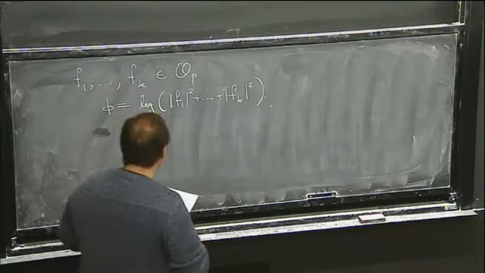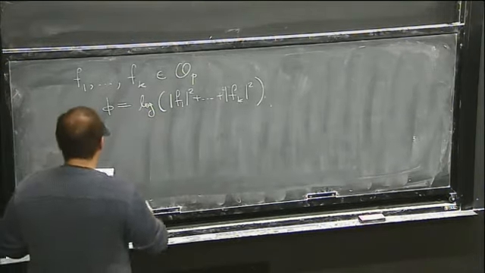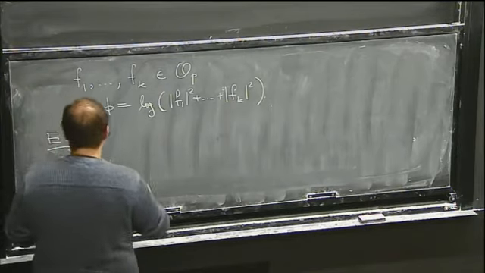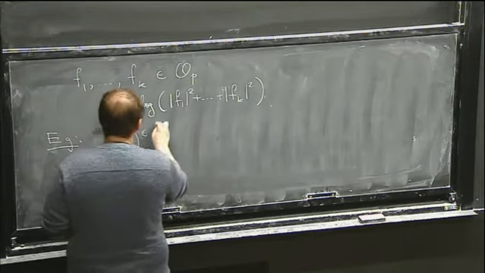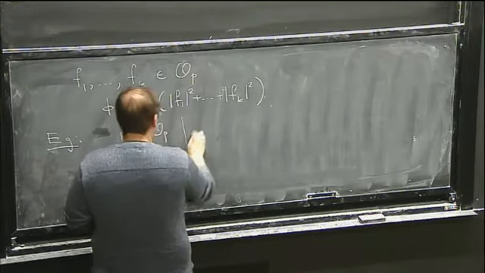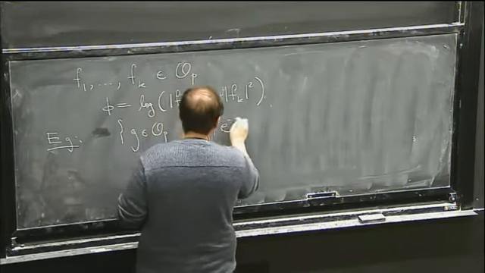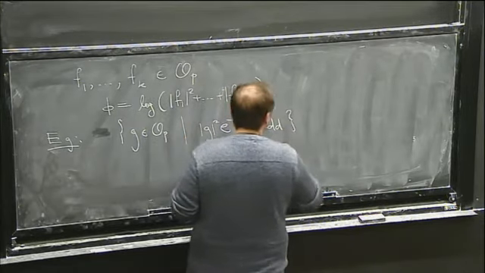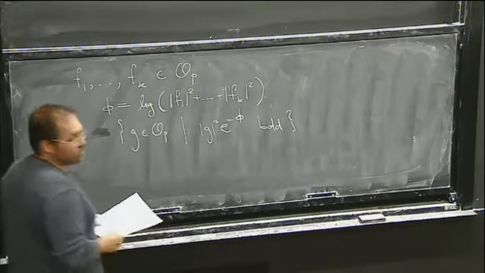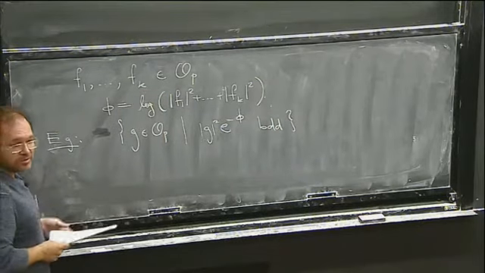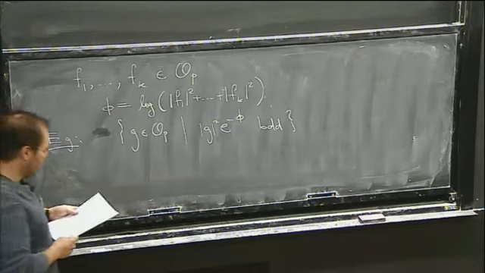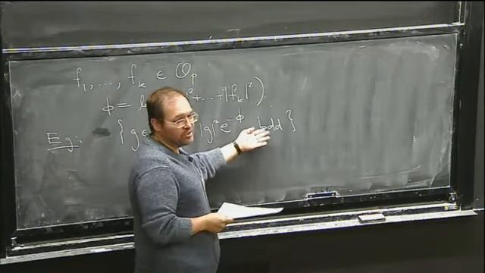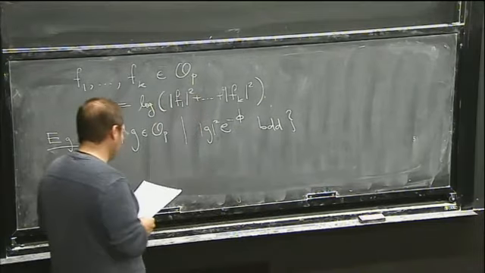But one of the things you could do is look at the set of all germs so that this function is bounded. So this is just the integral closure of the ideal generated by these f_i. And so some kind of what you might call an analytic condition defines that integral closure.